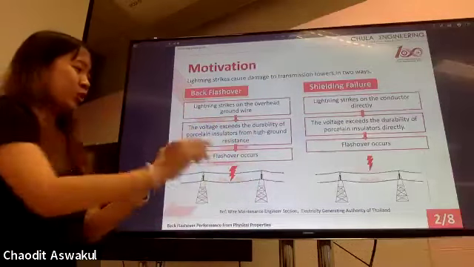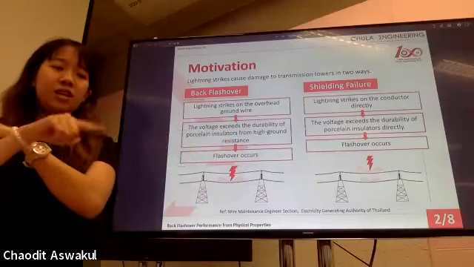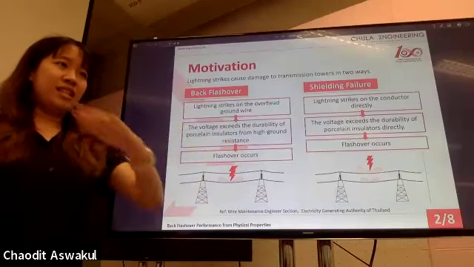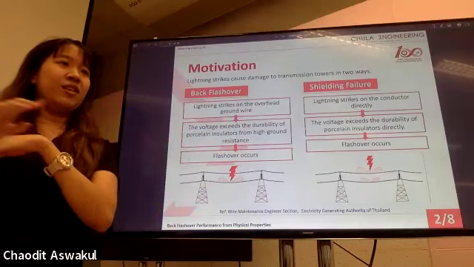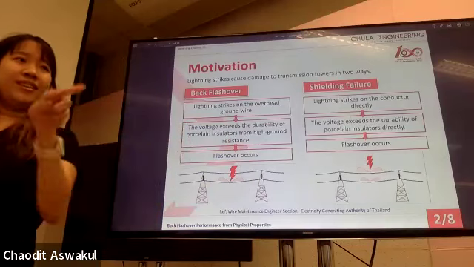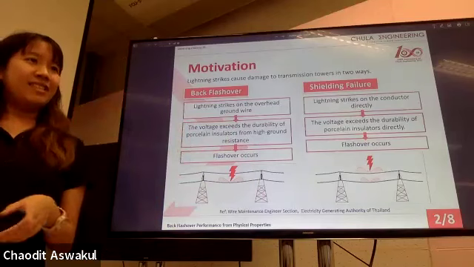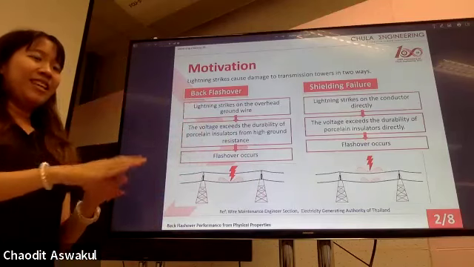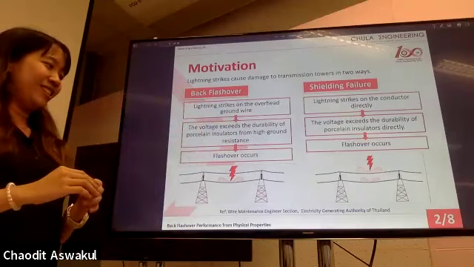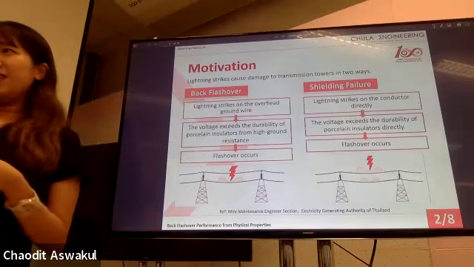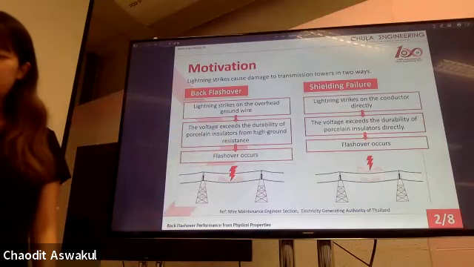It is used to transfer the electricity to another place. So if it is damaged, it cannot transfer. Yeah, good. Next slide please.